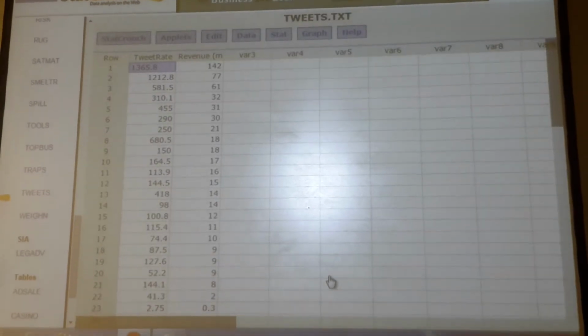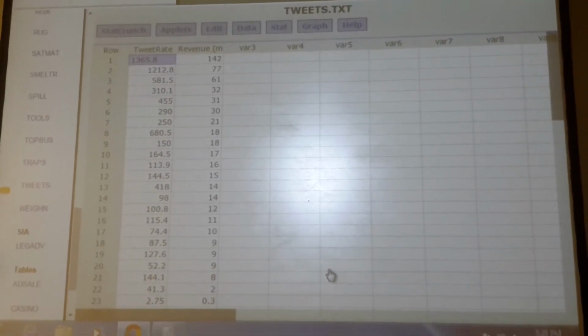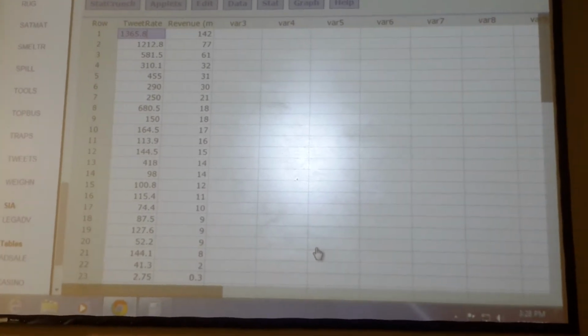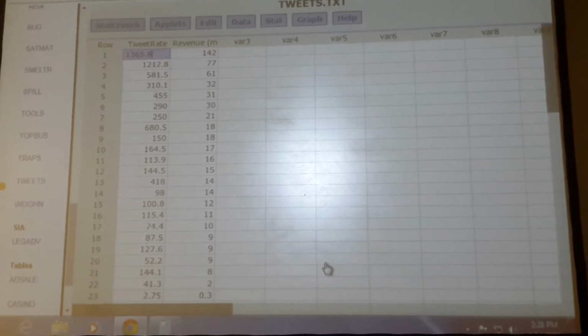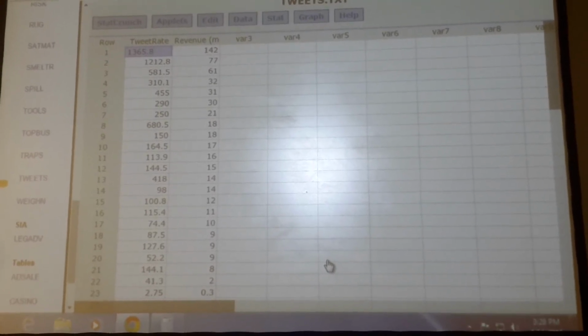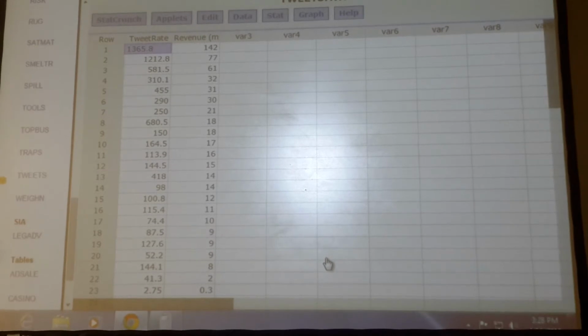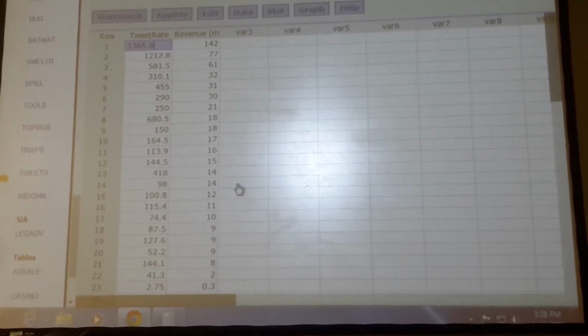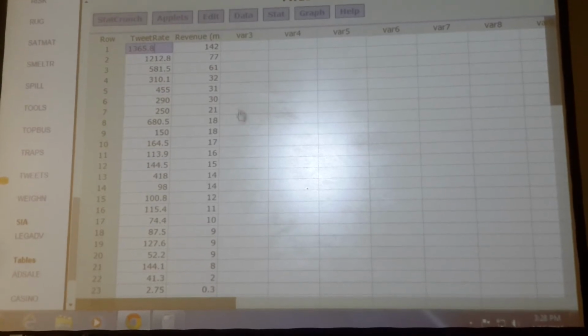And what they've done here is they have tried to model or predict the opening weekend revenues for different films that are about to be released by looking at the average number of hourly tweets on Twitter in the week leading up to the release of that particular film. It would make sense that the more it's being tweeted about, the more likely people are going to go see it, and the higher the revenue would be.